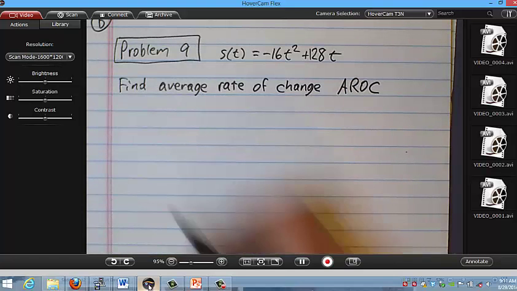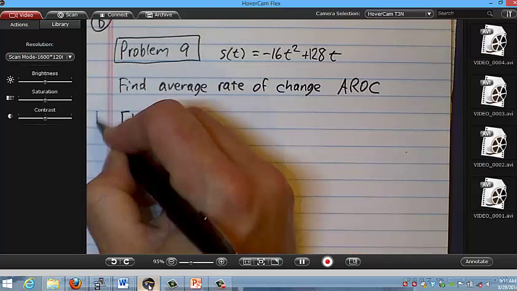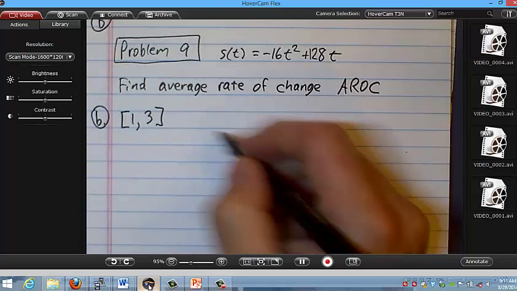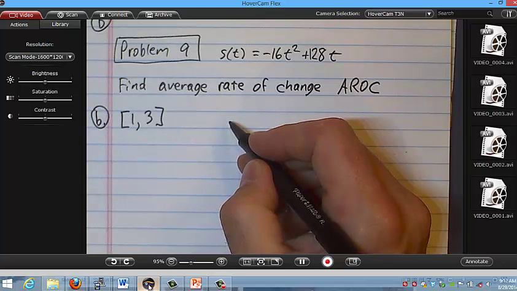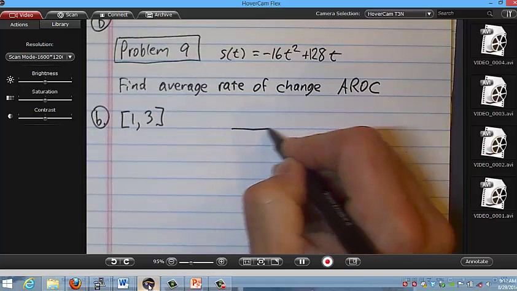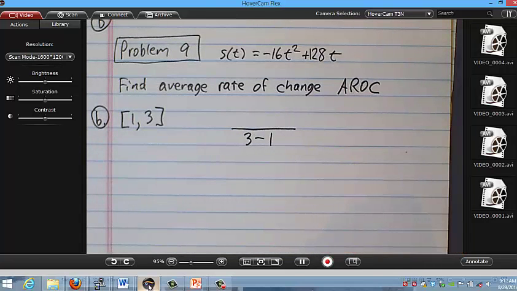So what's the game? You guys did the interval 1, 3. That was B. And how'd you do it? Well, I know what was in the denominator, 3 minus 1. Am I right? What was in the numerator? How'd you get 240 minus 112?